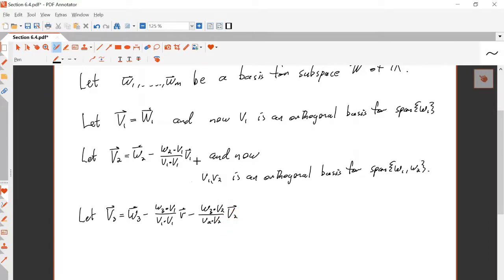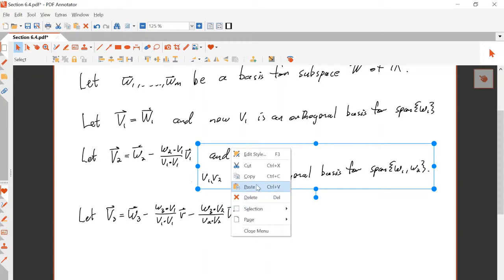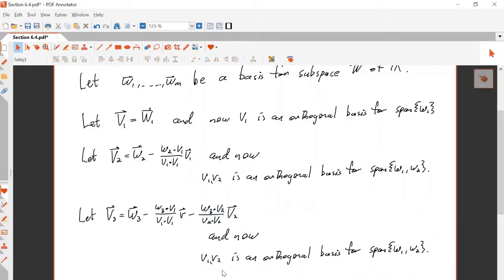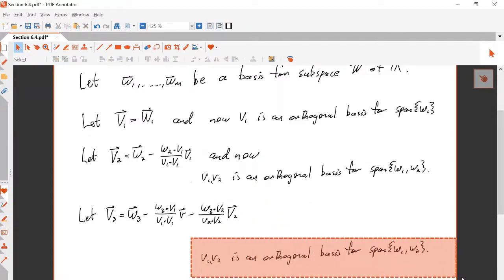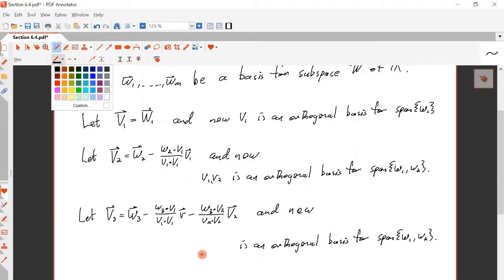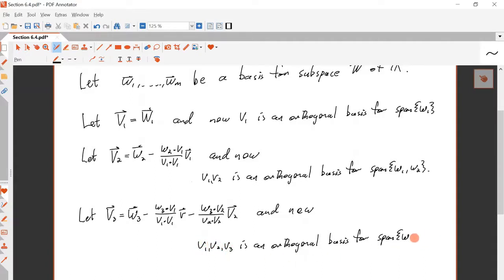And now V1, V2, V3 is an orthogonal basis for the span of W1, W2, W3.